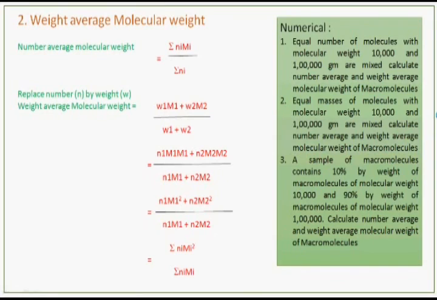Now you know that W1 is nothing but N1 into M1, W2 is nothing but N2 into M2 and so on. So put those values. So the final expression becomes summation of NiMi square divided by summation of NiMi.